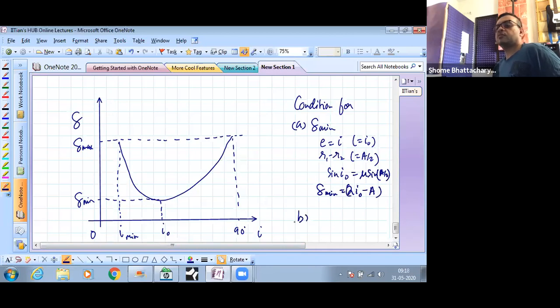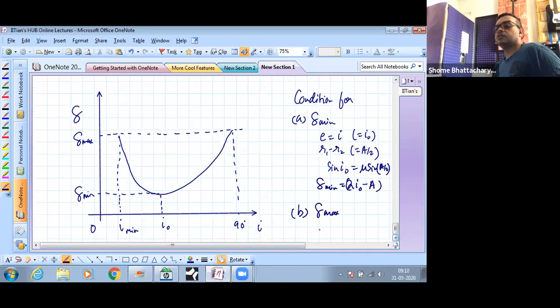And the condition for maximum deviation: in that we have case 1 where i is equal to i minimum.